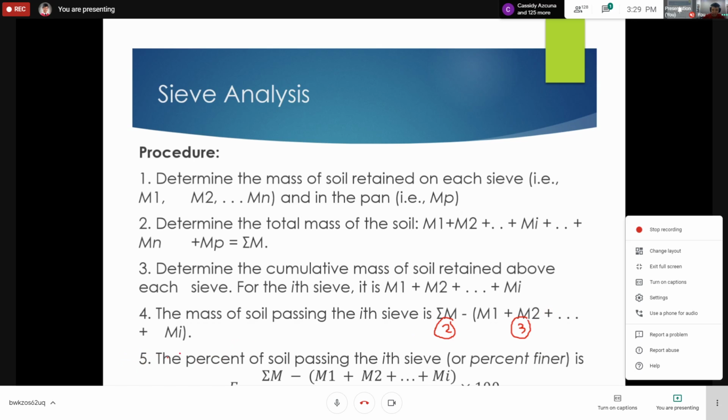So number 5 is the percent of soil passing, meaning how much soil passed through that sieve, or what we call the percent finer, given by this formula. F is equal to the total mass minus the cumulative mass on that particular sieve, divided by the total mass, times 100. That is the percent finer, or the percent of soil passing.